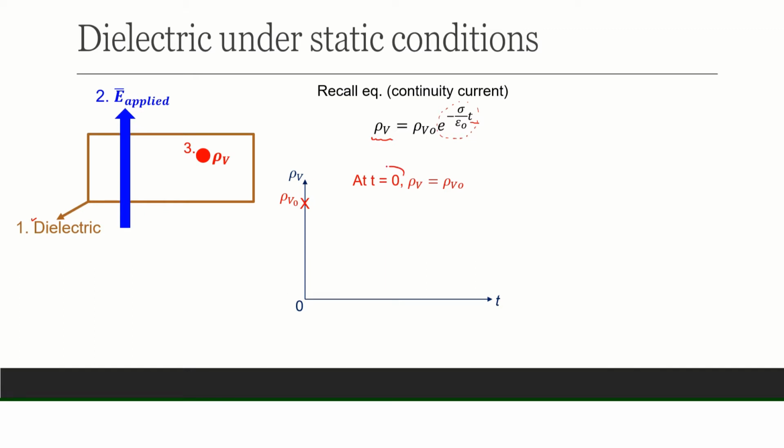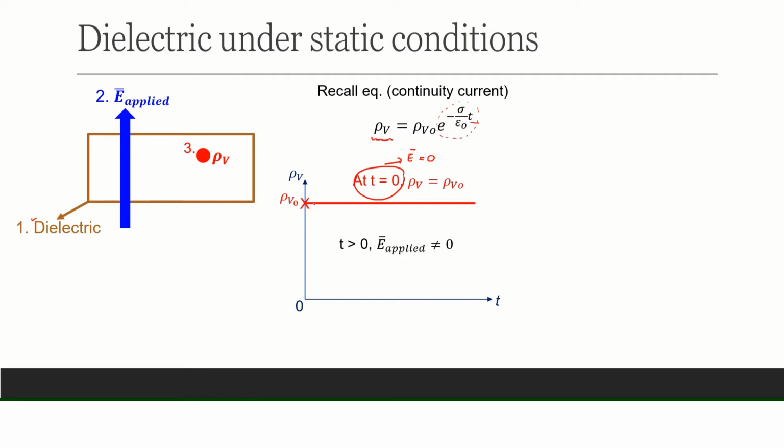Remember, when the time is equal to 0, our electric field by right is also equal to 0, meaning no field is applied to this medium. However, when time is increasing, there is a field applied in the medium, so when time is larger than 0, the electric field is no longer equal to 0.